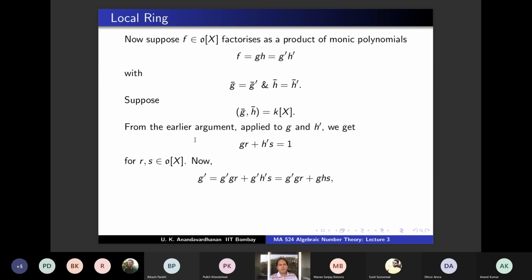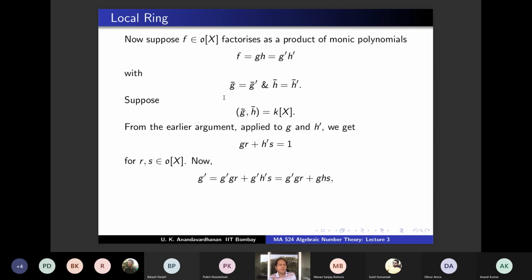Do you agree that G and G prime have the same degree? Yes, because in the same way G prime will also divide G. But directly you know that G and G prime have the same degree, because their reductions are the same and both of them are monic. The leading terms might disappear on taking reductions, but the leading term is monic.